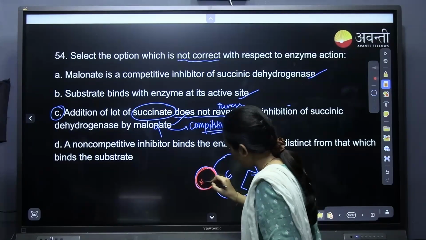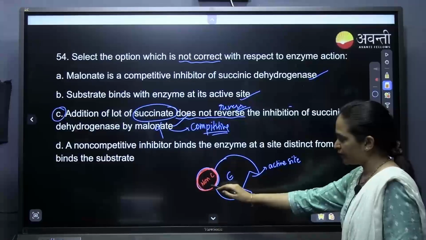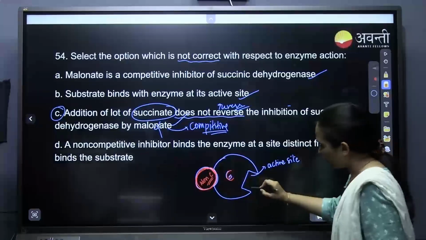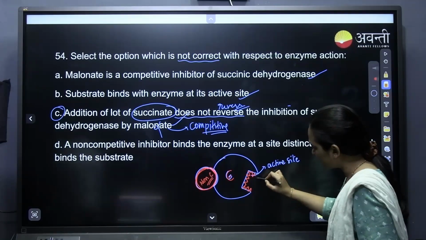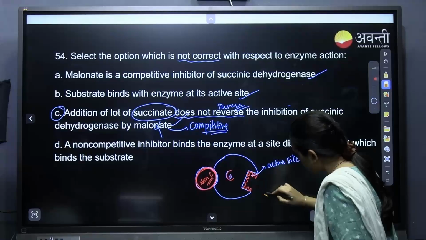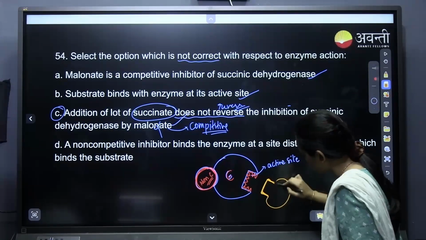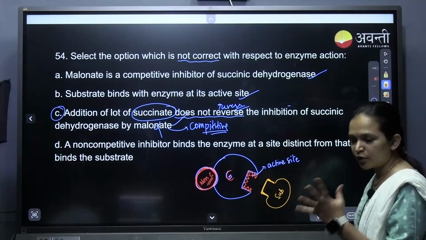This is the non-competitive inhibitor. When it comes and binds to the enzyme at a different site, it will change the active site. The substrate, which has to bind here, now cannot bind here.